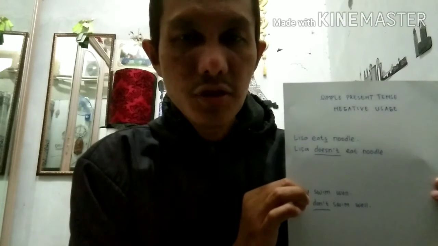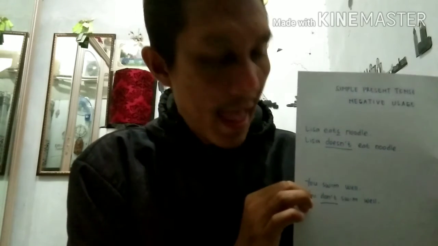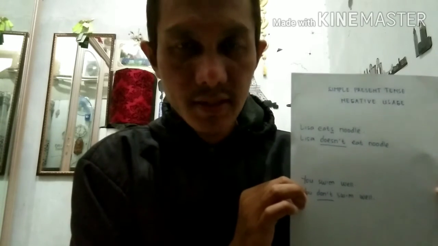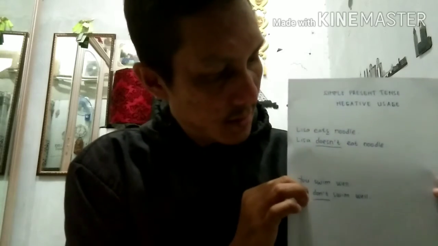To review, if the subject is she, he, or it, you use doesn't for a negative sentence, and you use don't if the subject is I, you, they, or we. Okay, let's continue on.